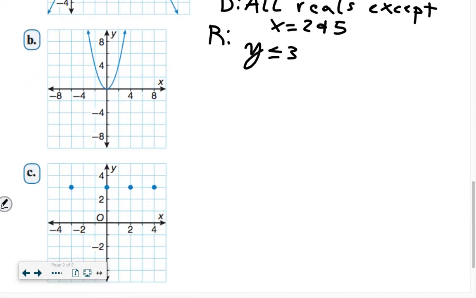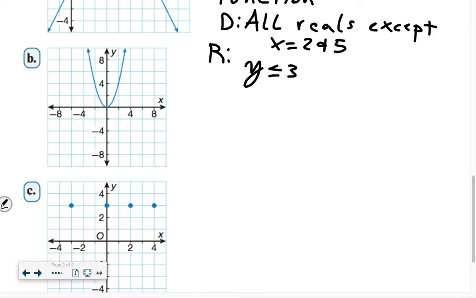Let's try another one. B. I want you to identify continuous, discontinuous, or discrete, function or not a function, domain and range.